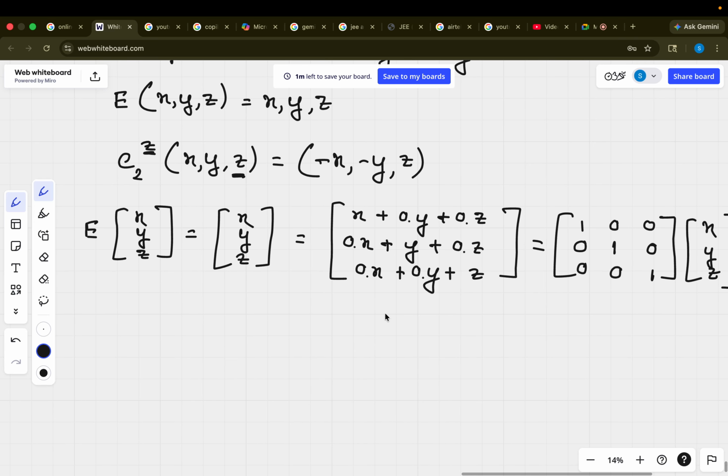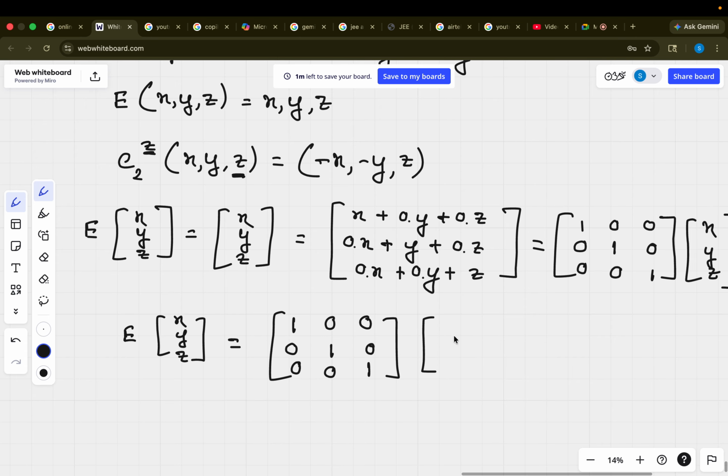So I can write that E of x y z is equal to this matrix, 1 0 0, 0 1 0, 0 0 1, multiplied by x y z.